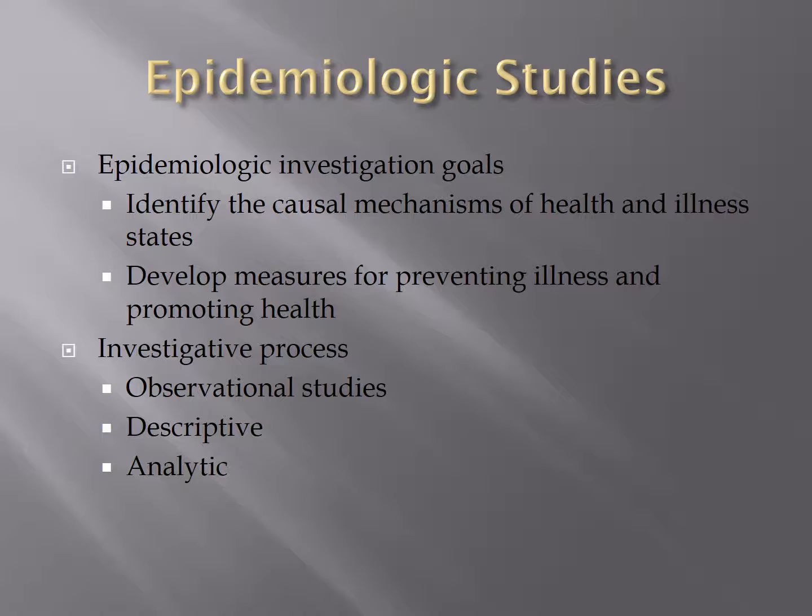Epidemiologic investigation has several goals and includes identifying the causal mechanisms of health and illness and developing measures for preventing illness and promoting health. Epidemiologists utilize an investigative process which involves descriptive and analytic studies.